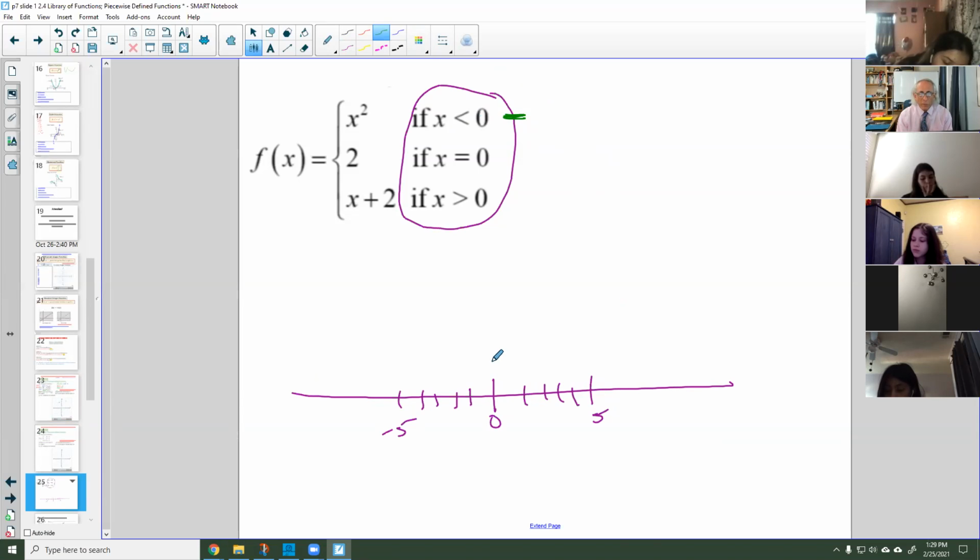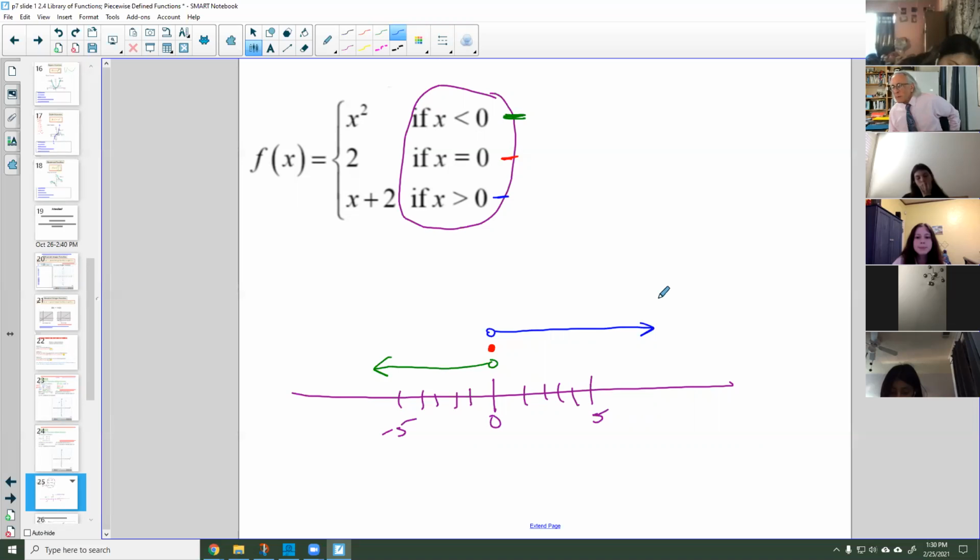So I'm going to go over here to my 0 and put an open circle at 0 and make the arrow go that way. And then my next piece says x equals 0. Well, that would just be the point right here where x equals 0. Is everybody okay with that? And then this last piece, we'll call that the blue piece, says where x is greater than 0. So I have an open circle and it's going out that way.